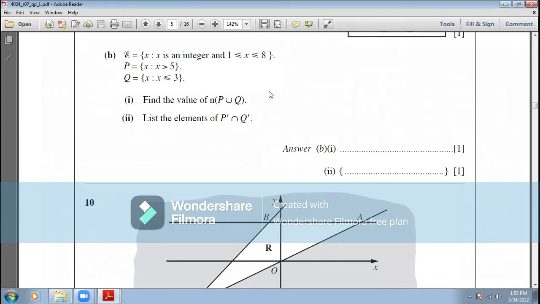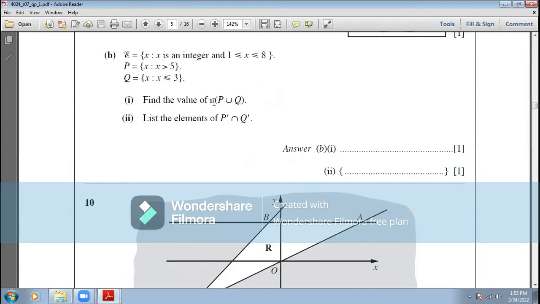Then he says that the universal set is X such that X is an integer, X is greater than or equal to 1, less than or equal to 8. P is X such that X is greater than 5. And Q is X such that X is less than or equal to 3.